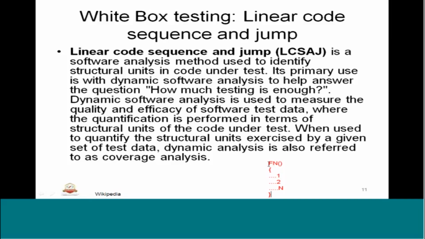So what do we do with the LCSAJ? Basically, it tells how much I need to test for this block. It's basically a code path fragment. Like I may test 1, I may test 2, I may test some 5 randomly, 10, 20, and maybe n. So like this, a sequence of code is called a linear code sequence.